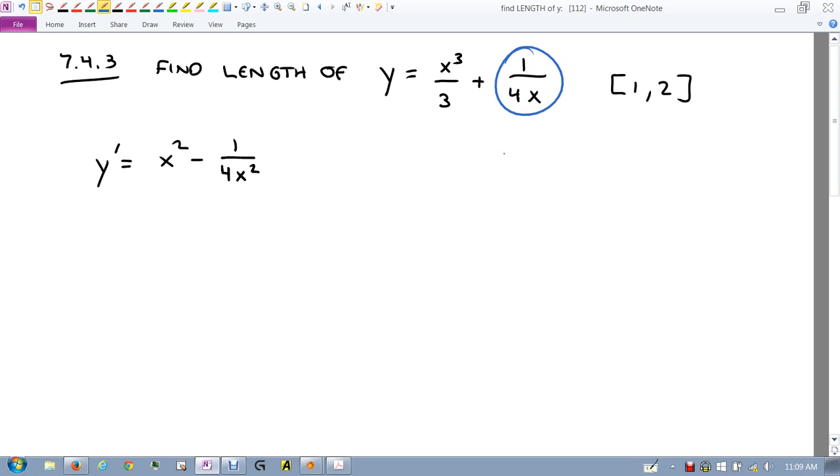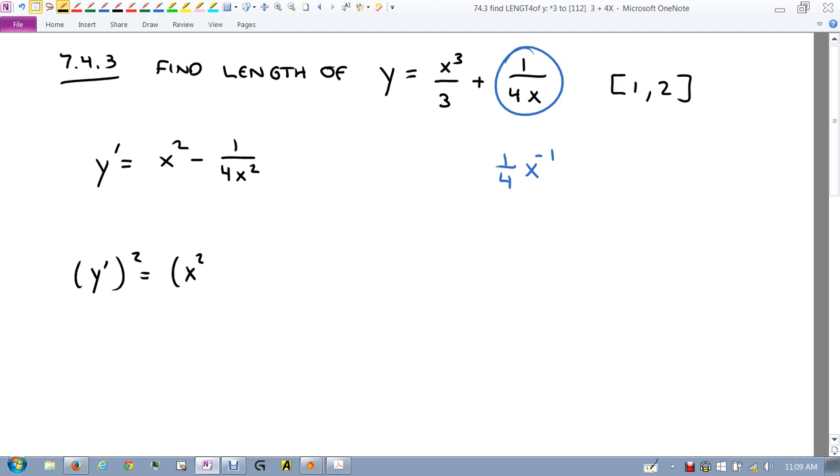All right, just look at this right here as 1/4 times x to the negative 1, and then do your power rule. Negative 1 comes out, then subtract 1, and that's just this. Questions? What am I supposed to do with this? Square it.